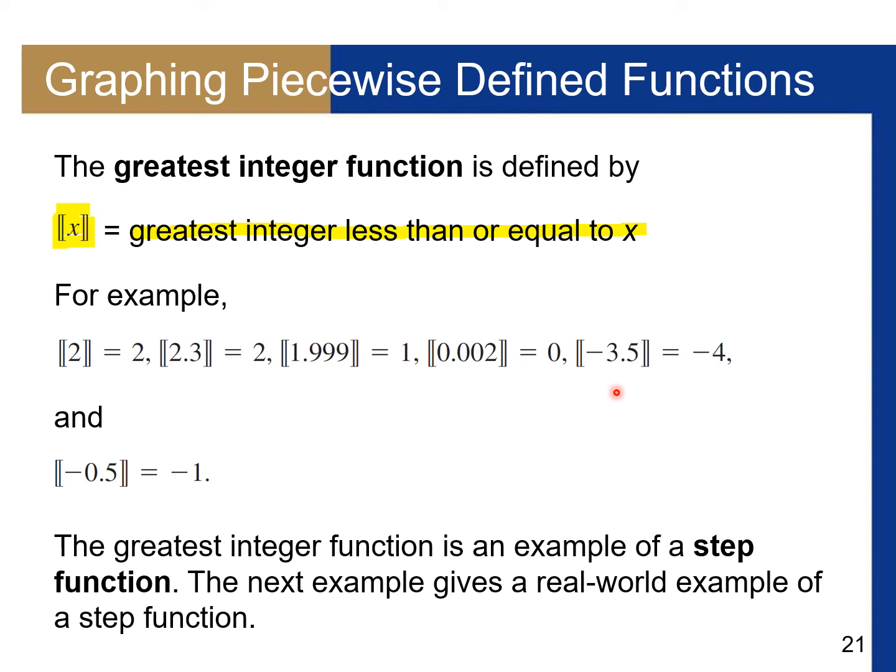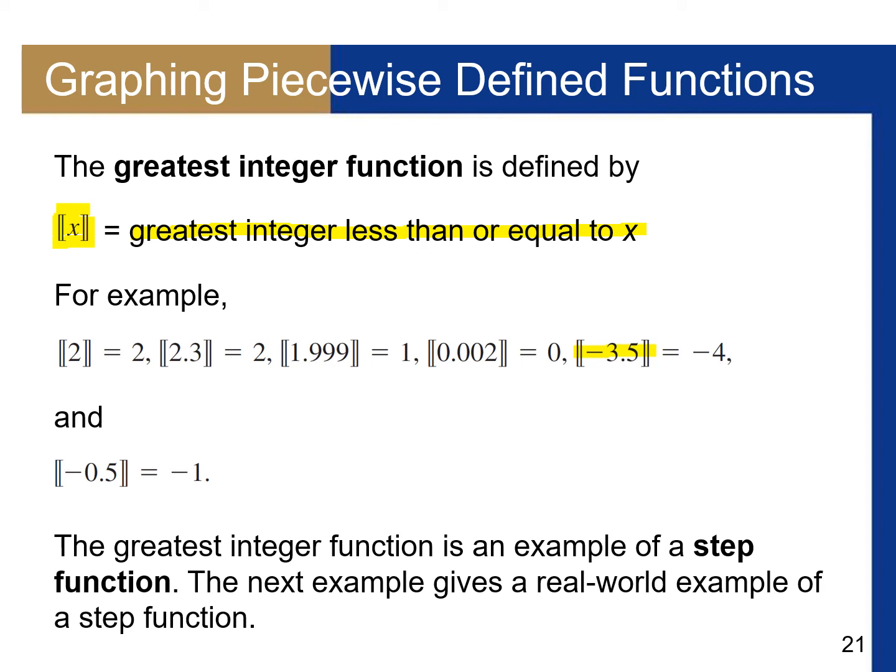Now this is where it gets a little tricky. You really have to think about your negatives because you want to know what's the biggest integer smaller than negative 3.5. Well, we're tempted to say negative 3, but negative 3 is bigger than negative 3.5.